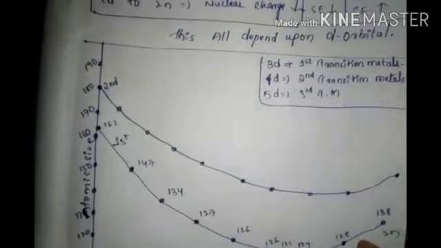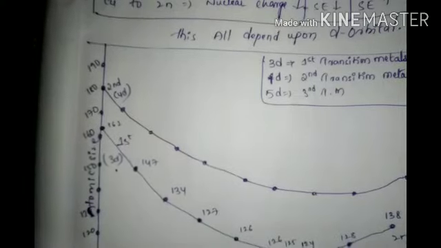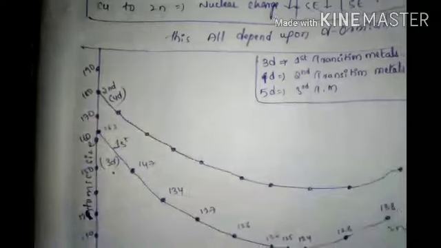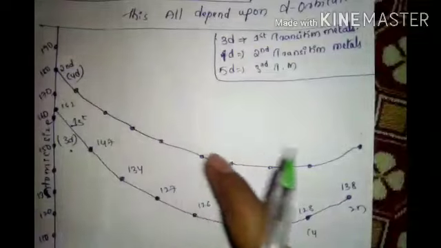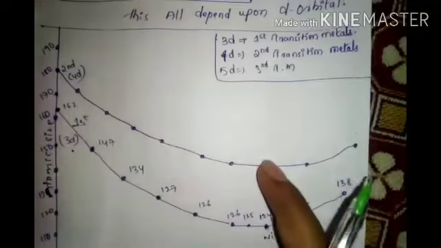Now this is first, this is second transition metal, means 4D series. This is 3D series, 4D series. Same as usual, same graph will come, from start to end.